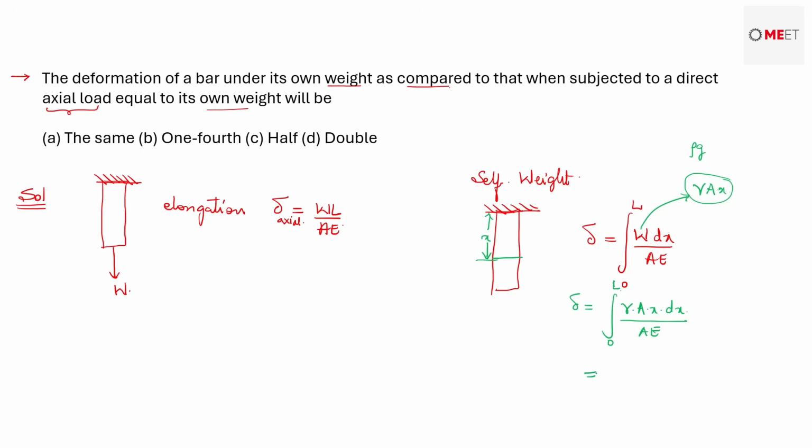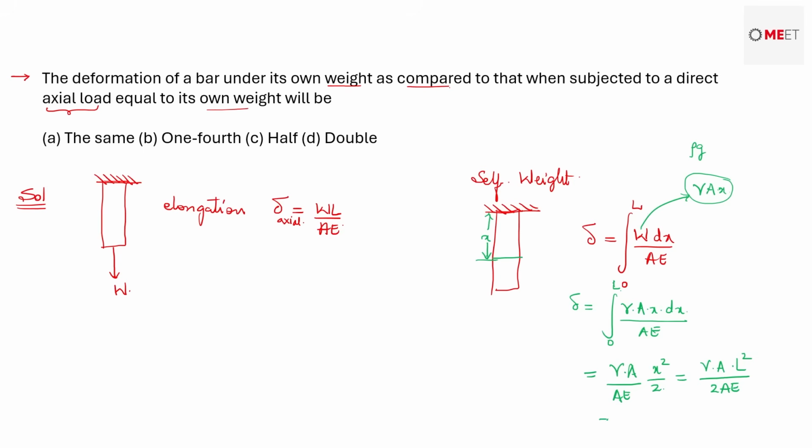So we can write this as gamma into A into integration of x dx, which is x square by 2, divided by AE. And this would be gamma into A into L square divided by 2 times AE.